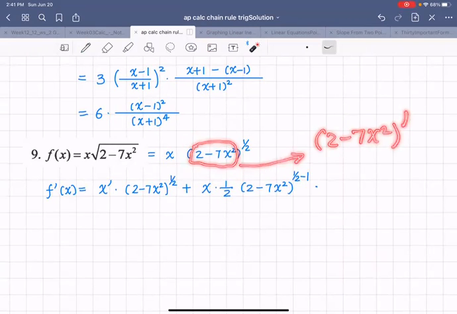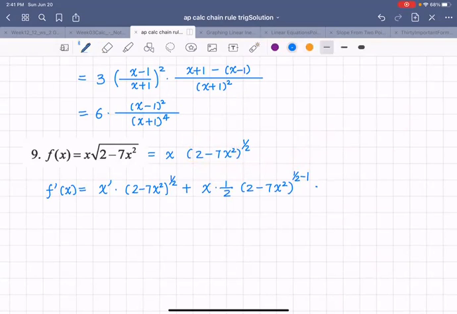Yes. Okay, that's a chain rule, yes? Okay. X prime is how much? Is 1, right? Yes. This guy equals 1.